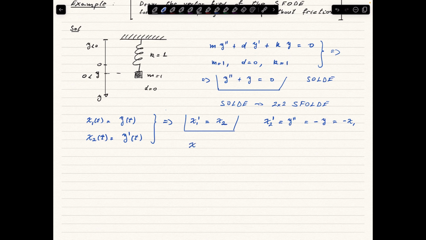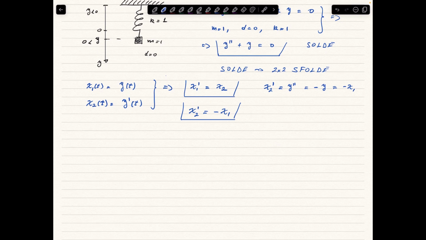So the system of equations is x2 prime equals negative x1. So this is our system. So now let's go to the vector form of the system, x prime vector, and this is x1 prime, x2 prime. But we just said that x1 prime is x2 and x2 prime is negative x1.